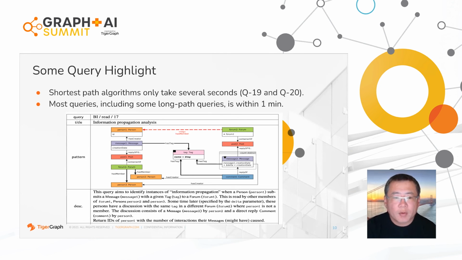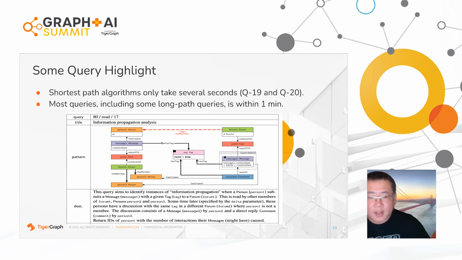And for most of the BI queries, TigerGraph can finish them within 1 minute for all the 10 runs. And this is significant, considering this is a distributed graph database processing 10 terabytes of data, with complex query patterns, which touch the majority of the graph elements in this graph.